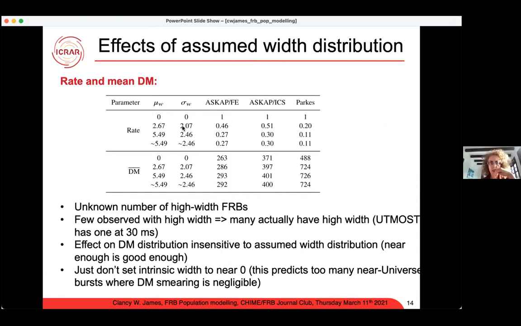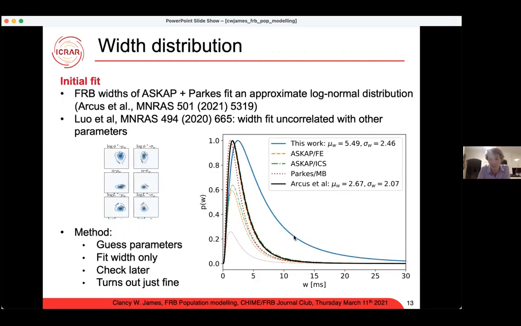Then if you use the observed width as the true width, you say you're missing about 50% of the bursts. This is the observed width being used as a true width, done in Wayne's paper. And then the fitted full log normal distribution means that you're missing 60, 70% of the bursts. But if you want to put this into a model, that's annoying because you have to integrate over this distribution.